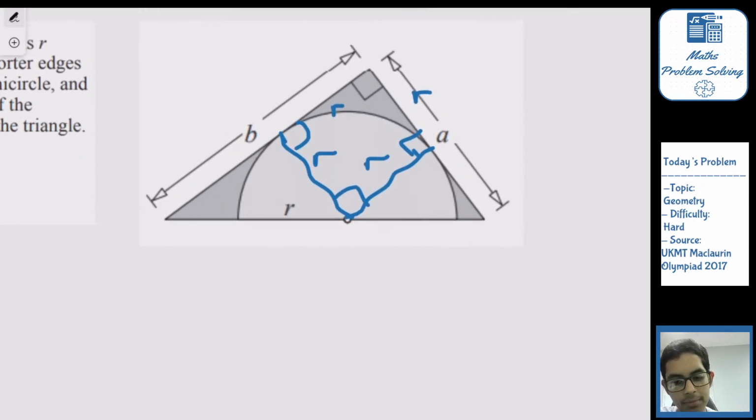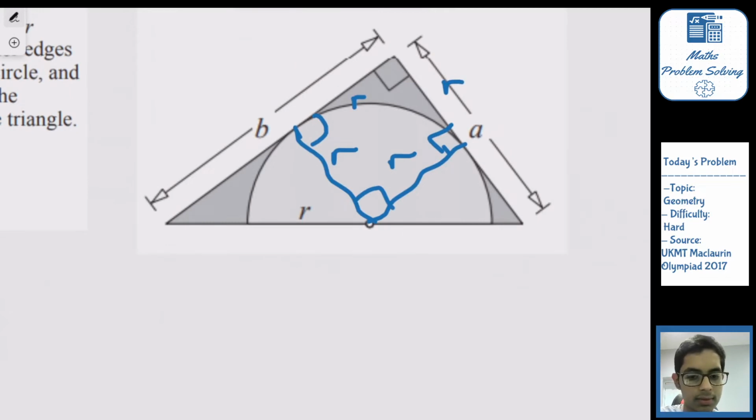So maybe a smarter method is just drawing a line through this. This line looks like it bisects the hypotenuse perpendicularly, but we can't make that assumption.